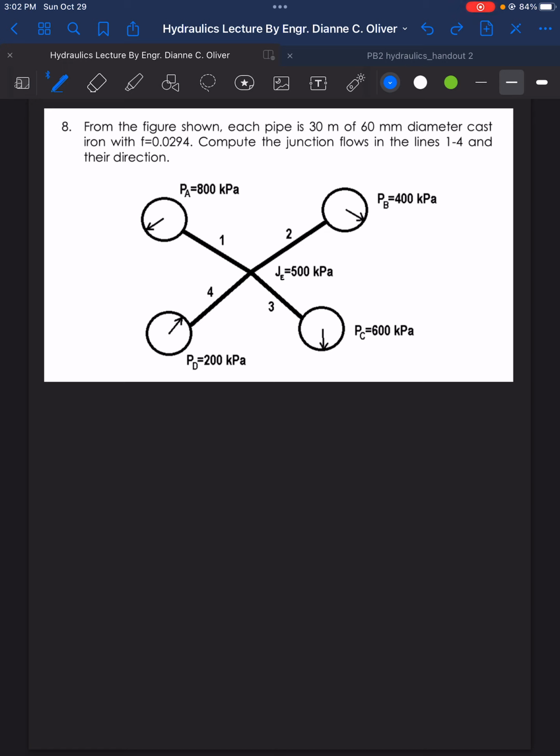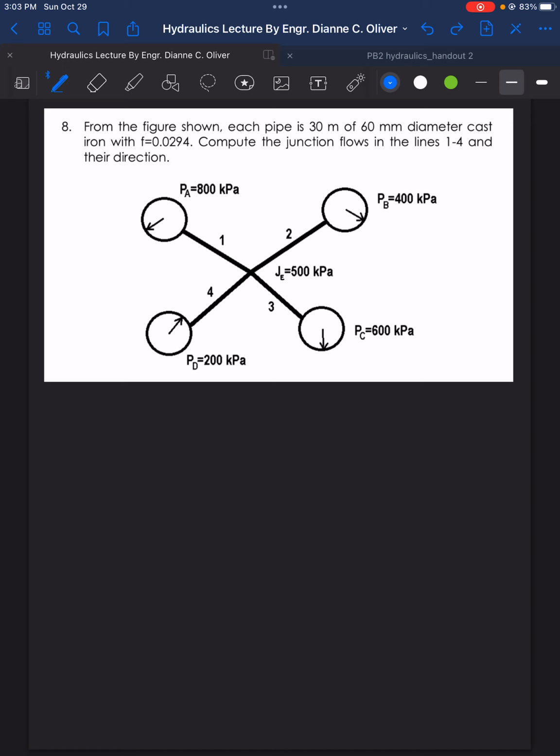So to determine the direction, let's remember that the flow of liquid, gas, or fluid is from the region of high pressure to the region where there is low pressure.